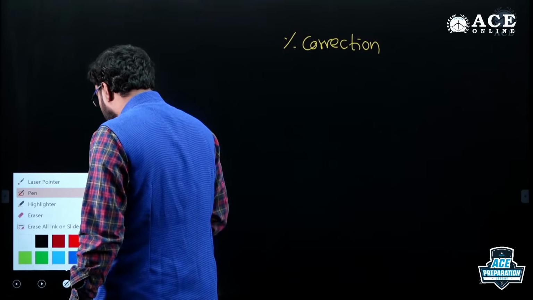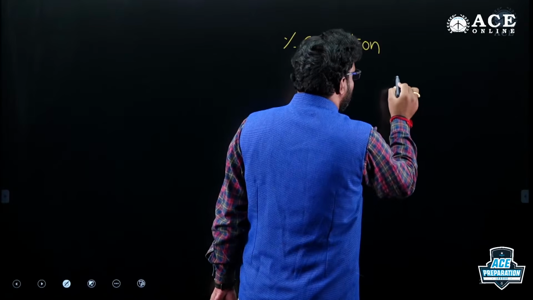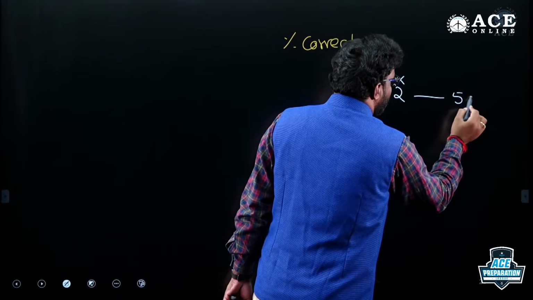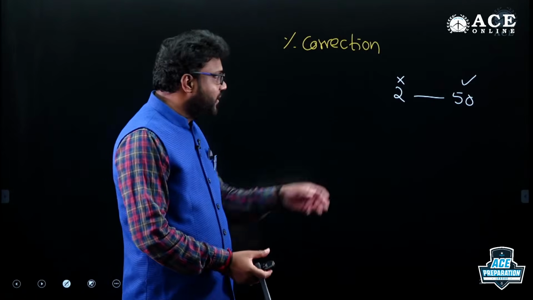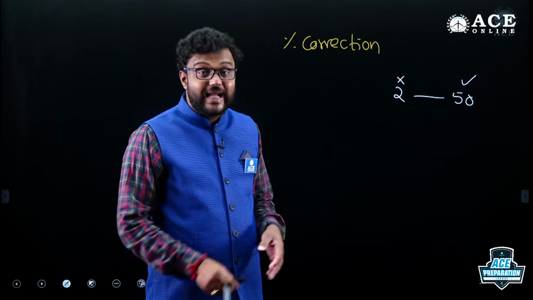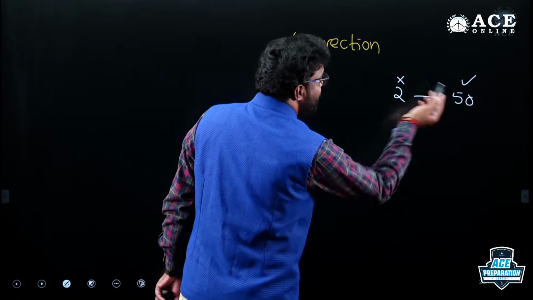When you are doing wrong, changing it to correct. You got the wrong value as 2, we are changing it to 50. Correction means you are doing something wrong, we are correcting it. If they are asking percentage correction, it means 2 is changed to 50.